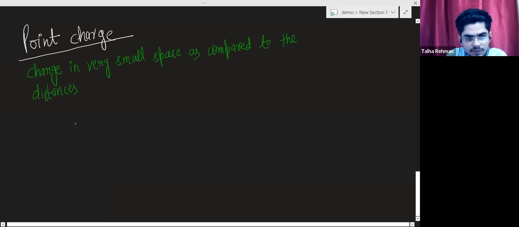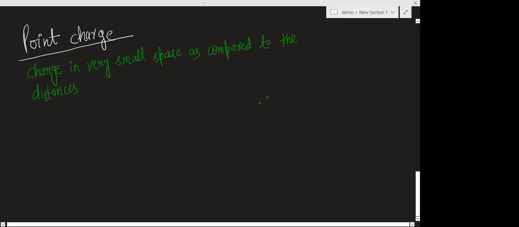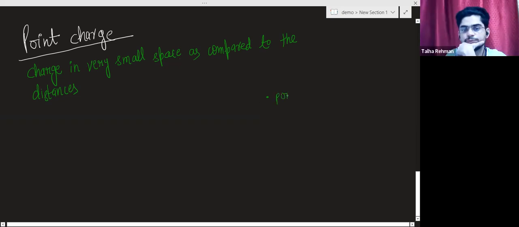Suppose this is a point charge or not, this very small charge. Can you tell me this is a point charge now? Is it fine? Yes. Okay, now we know that this is a point charge. Very good.